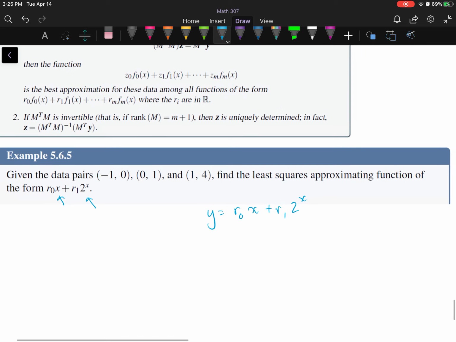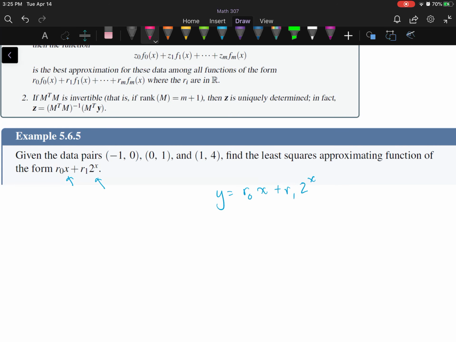And in order to set up our initial system of equations that we will eventually solve using the normal equations, we would, again, just plug the points in wherever we have our y values. The first y value is 0. Then we'd have R0, whatever, or z0, whatever. This is just our first weight. We'd plug in our x value here, -1. And then we'd have R1 times 2 to the x power.